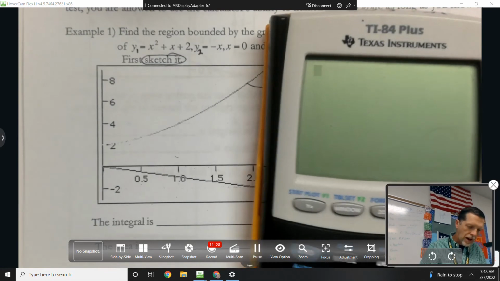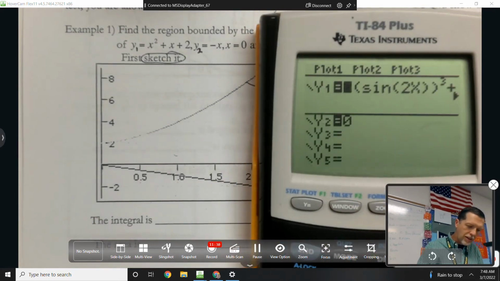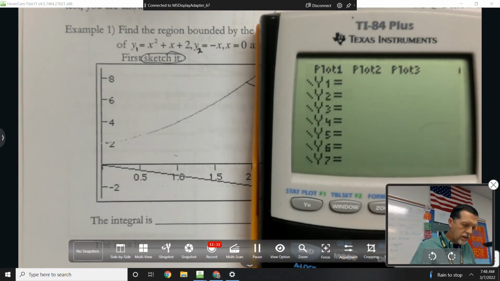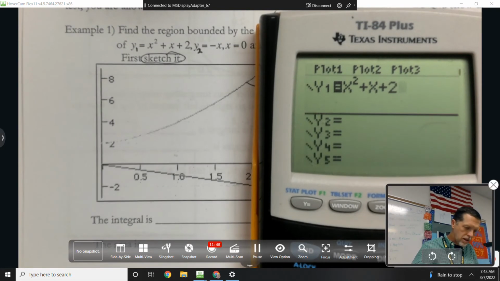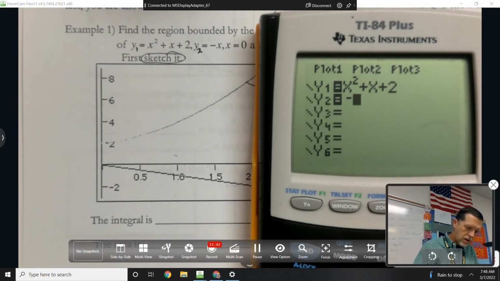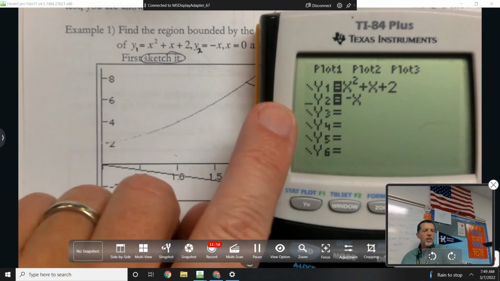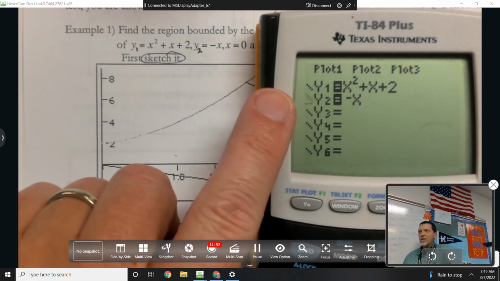Now, more generally speaking, you might need to put them in the calculator. If they're both weird functions and you don't know what they look like, then you put them in to see what they look like. And you might even need to, if you take your cursor and go over to the left, change the font or the boldness of the graph.